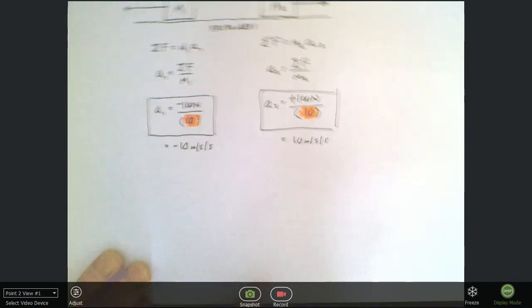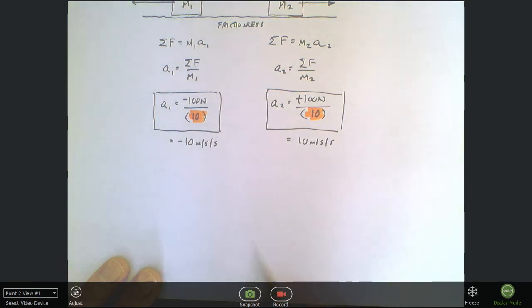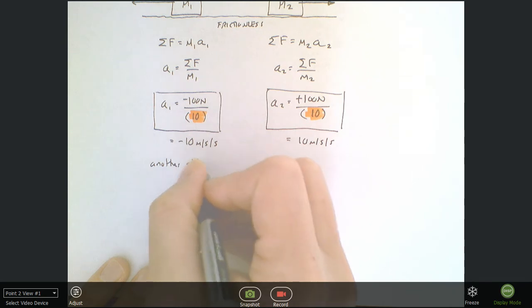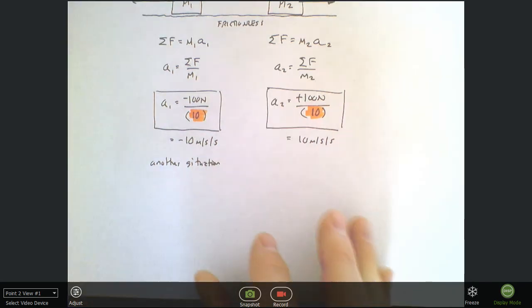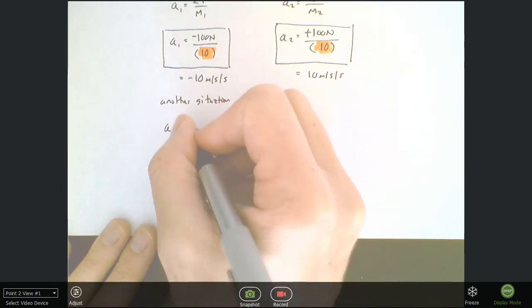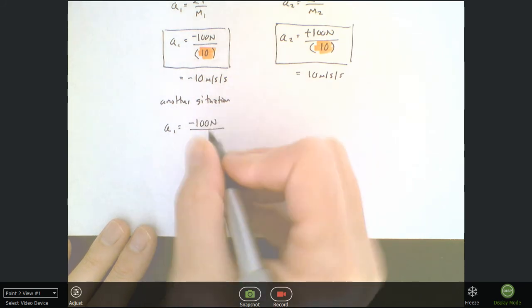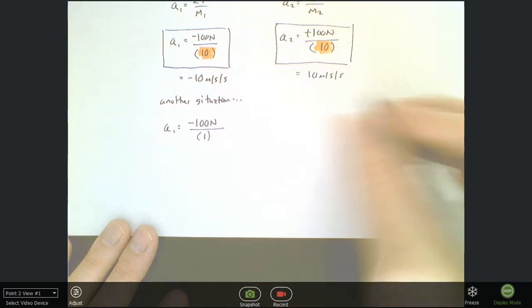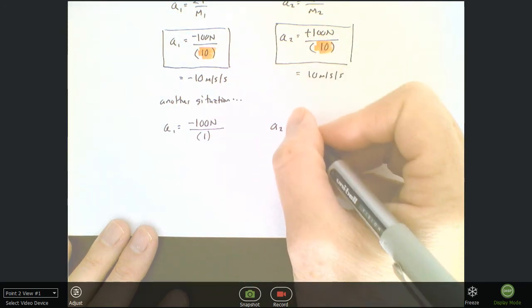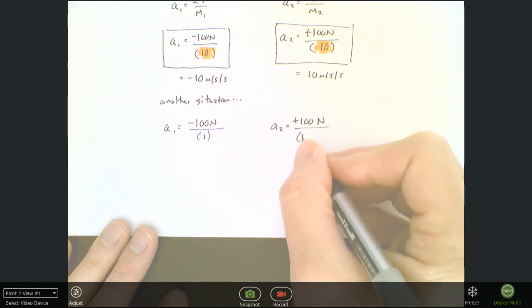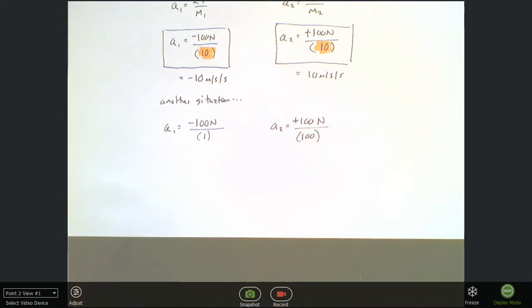Okay, well, let's consider a different situation. Let's assume that mass 1 is extremely light. There's still a 100 Newton force acting on it, but it only has a mass of 1 kilogram, and in the other situation, the mass is 100 kilograms. So this would be like a 1 kilogram block or cart and a 100 kilogram cart.